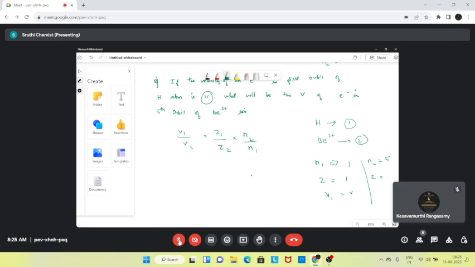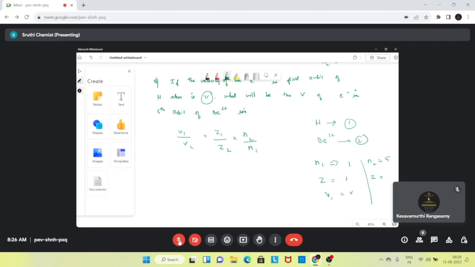See, whenever an atom absorbs energy, the electron will move into the fifth orbit, or even into the eighth orbit also. I'm not representing the ground state here. If the hydrogen is in its ground state, the electron is present in the first orbit.